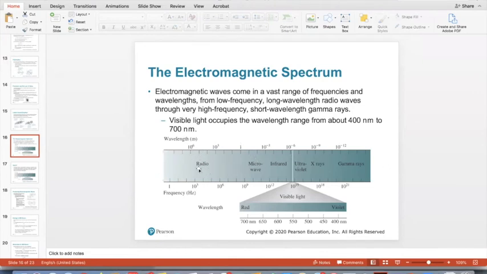So when you get in your car and you tune your radio to 101.7, that's 101.7 megahertz. Those are radio waves. Those have wavelengths on the order of meters long, but relatively low frequency. Over here are the giant frequencies and tiny wavelengths.